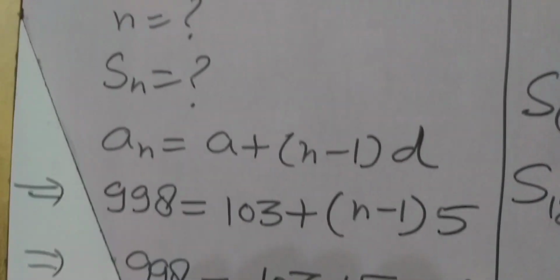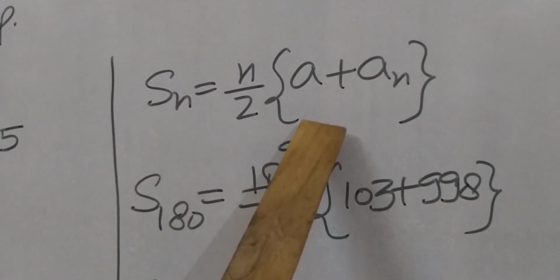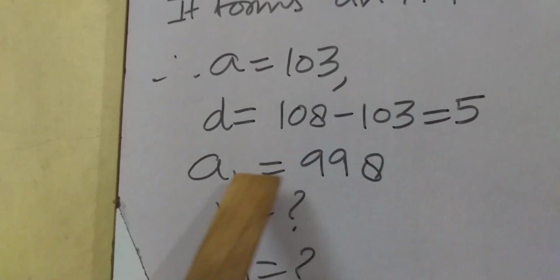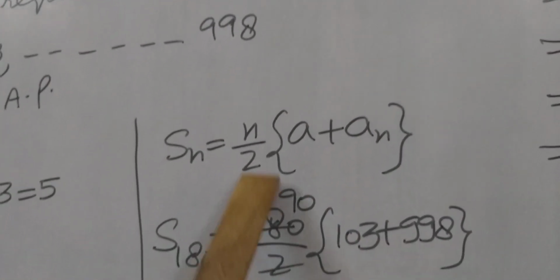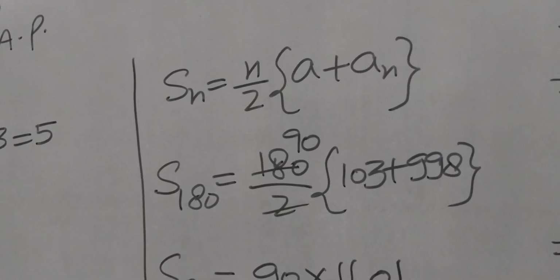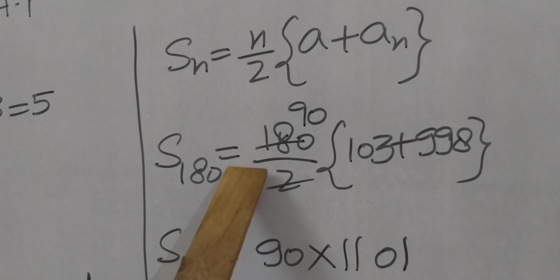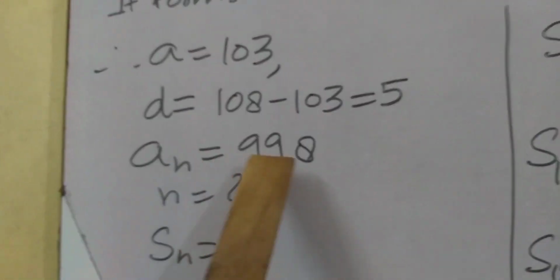Now students, we have to find the sum of all 180 numbers. The Sn formula is n upon 2 (a plus an), because we have a as well as an. If you want to apply the formula n upon 2 (2a plus (n minus 1)d), it is also correct. n value is 180, so S180 equals 180 upon 2 times (a value 103 plus an value 998).